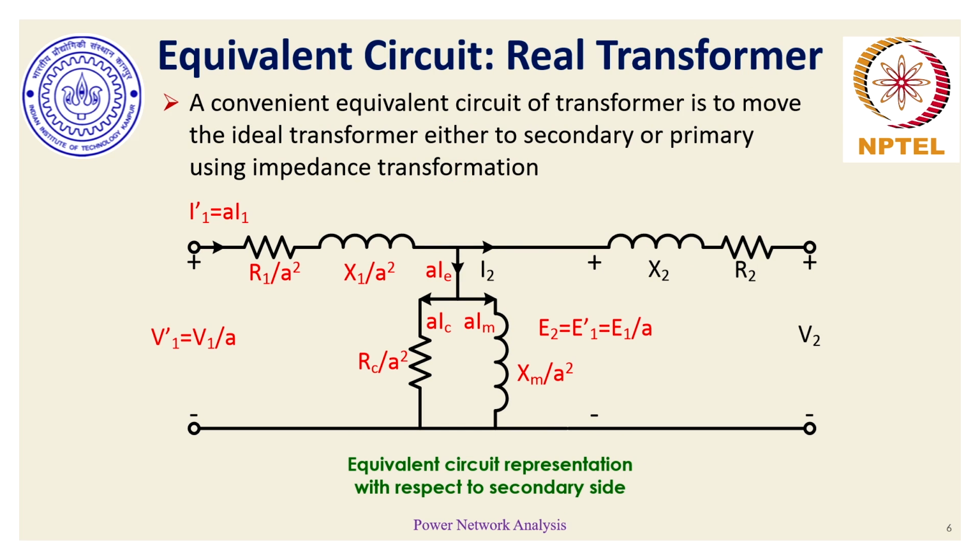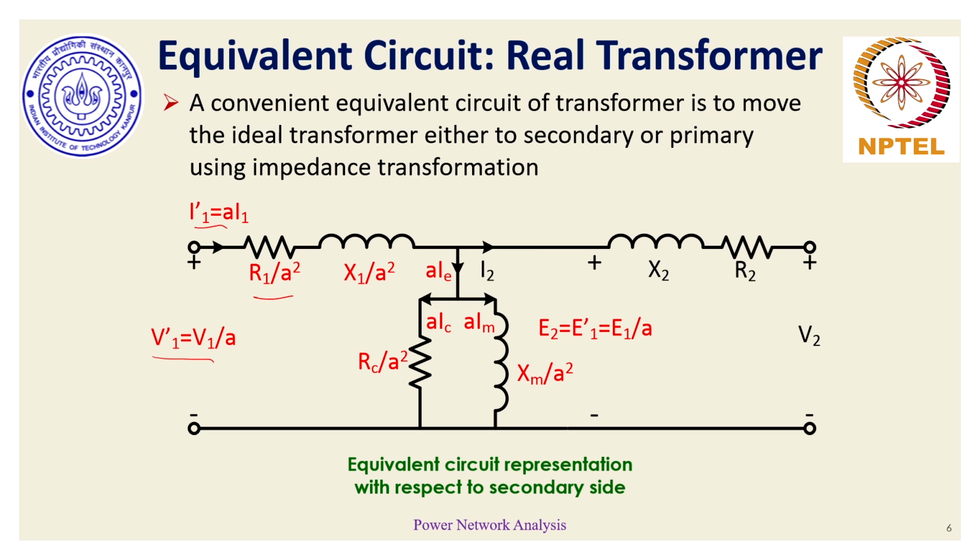The next slide shows a simplification of the equivalent circuit which we had seen in the initial slides. So what is happening here? All the quantities in red, that is, the quantities referring to the primary side, have all been reflected or transferred to the secondary side.